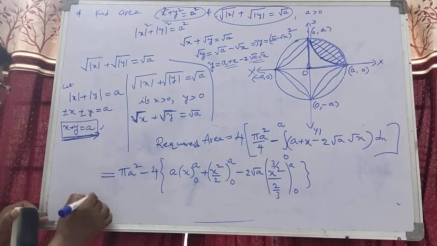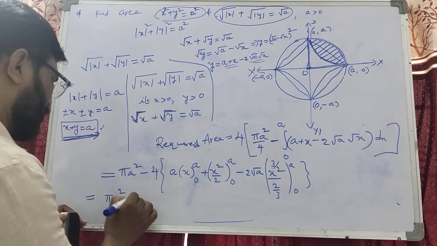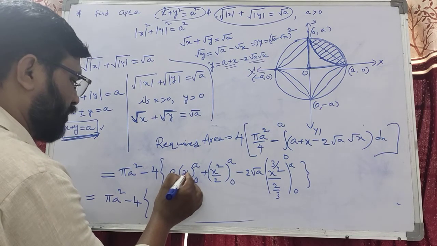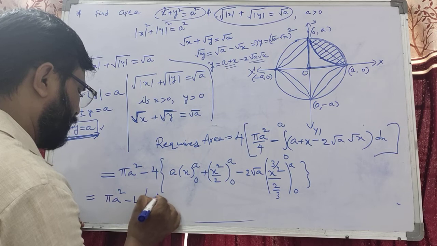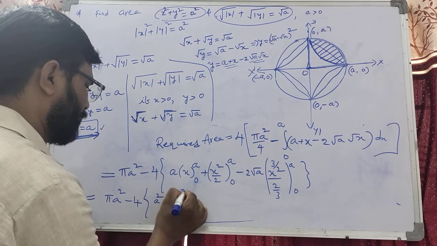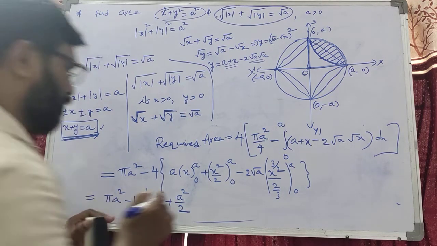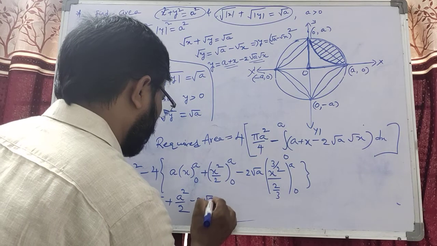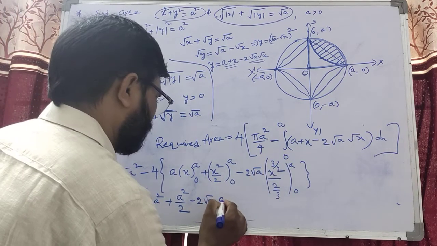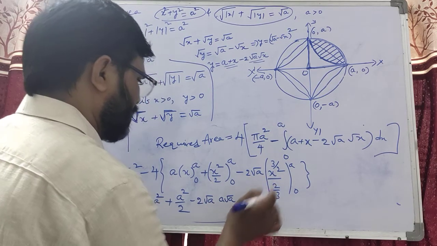Yes, students, we can write pi a square minus 4 into, putting x equal to a, a into a, that is a square, minus x square by 2 at x equal to a, that is a square by 2. Now minus 2 into root a, putting x equal to a, that is a root a, and 2 by 3 is there.